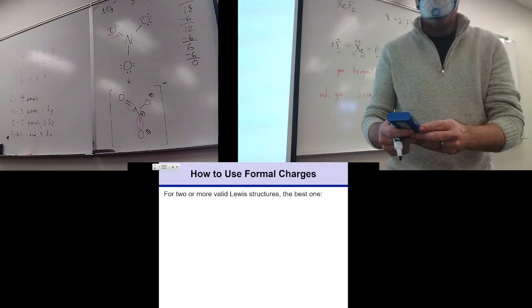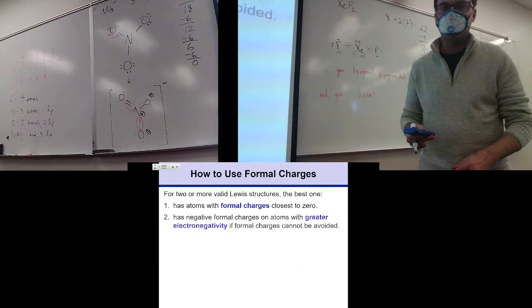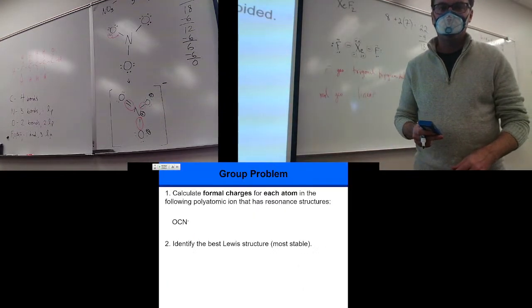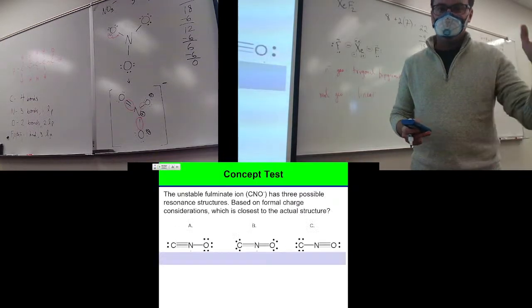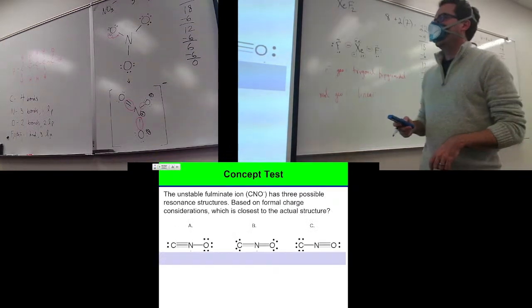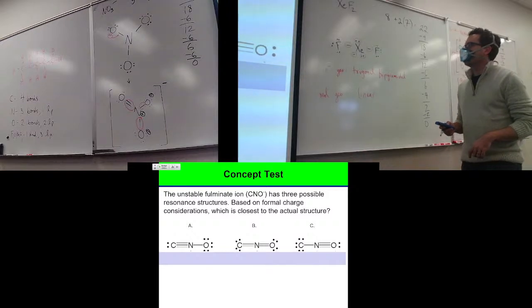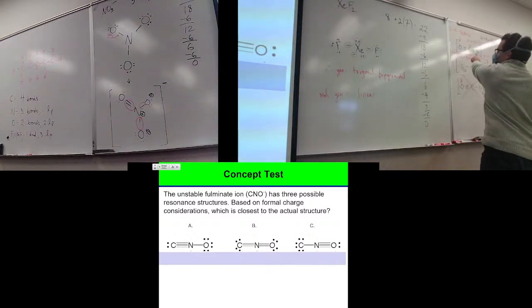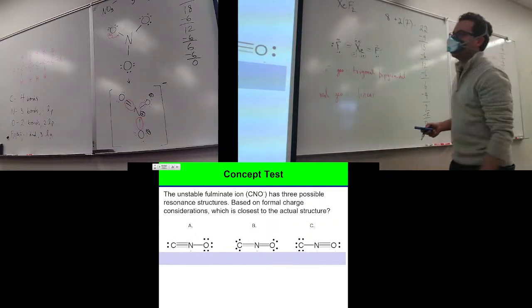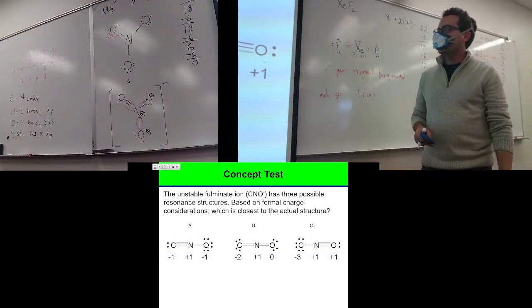Before we go, we need to make sure we know how to do this. There's another one. I'll show this one real quick. Here's another molecule, with slightly different construction. This one has carbon in the center, that one has nitrogen in the center. If you do the formal charges in these, I think it's pretty clear which is the correct one.